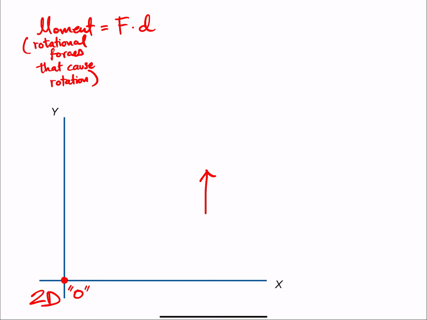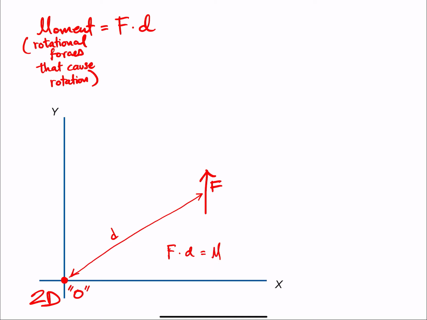And I want to calculate the moment that this force makes with point O. Now, if we go by the definition, we may say, well, it's force times distance, so all I need to do is just plot a distance here, and multiply force times distance to get the moment.